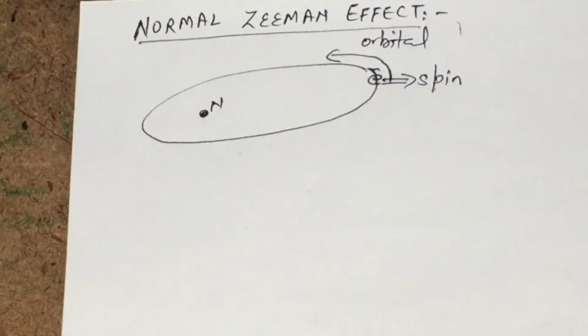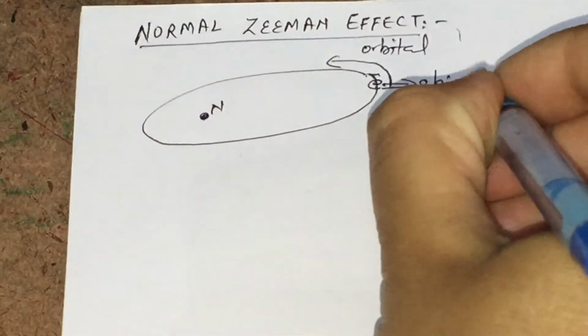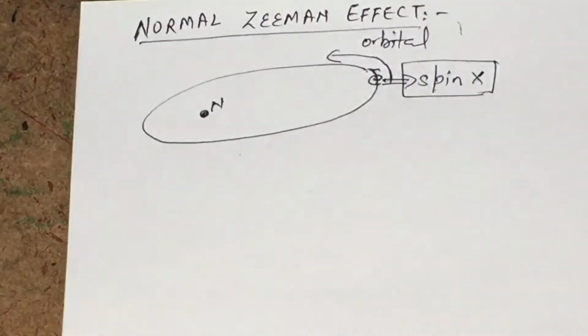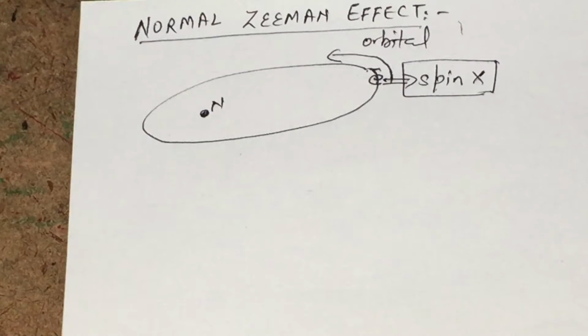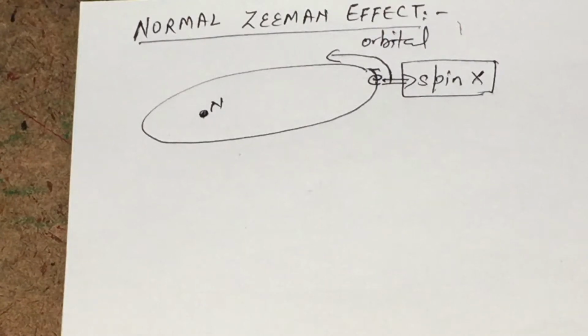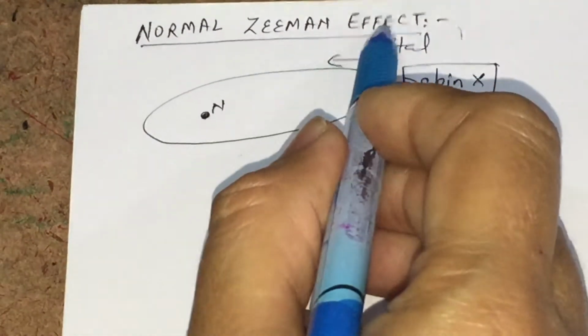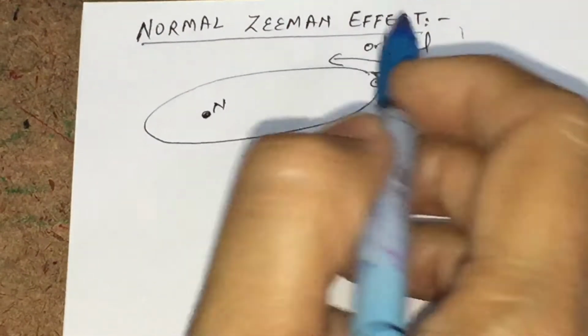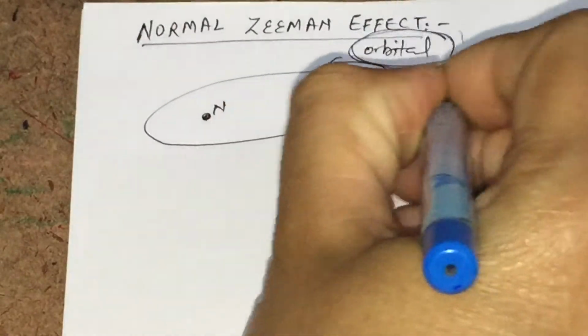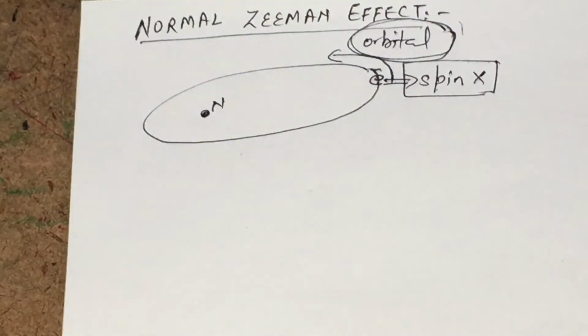our spin motion. In the normal Zeeman effect, we are not considering the spin angular momentum contribution in the splitting of light in the presence of a magnetic field. In the case of the normal Zeeman effect, we are only considering the orbital motion, not the spin motion.